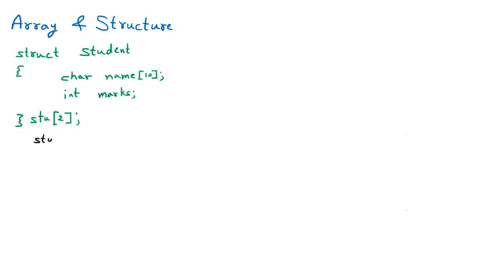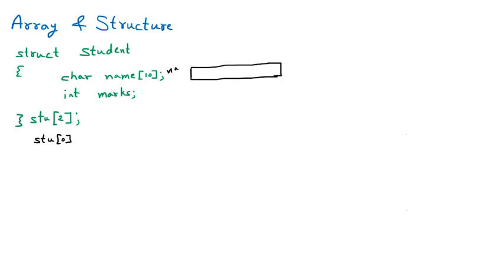One is stu0, because if I start with 0, it is 0 and 1. So once stu0 is declared, for that there is a name character type array, which can store the 10 elements.